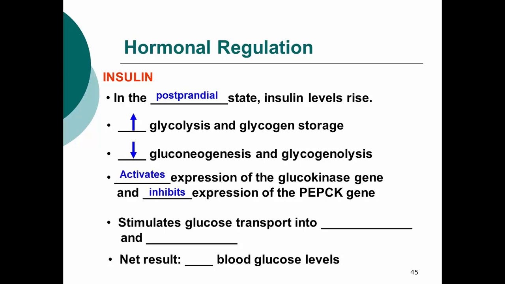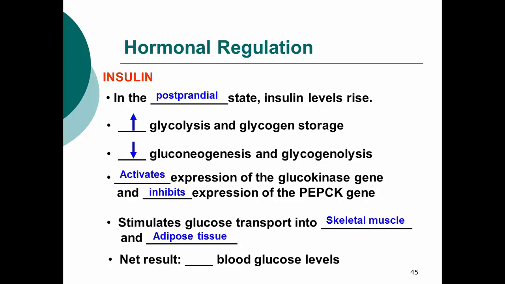And insulin stimulates glucose transport into which tissues? Which tissues have glucose uptake regulated by insulin? And which transporter? We say GLUT4, right? And muscle and adipose tissue, yes. So insulin stimulates GLUT4 translocation to the cell surface, and glucose transport into skeletal muscle and adipose tissue, right?